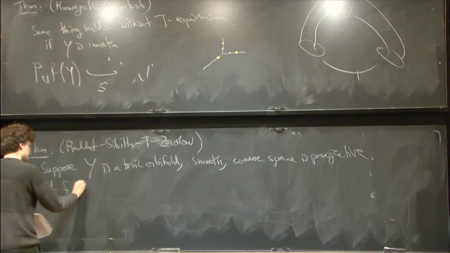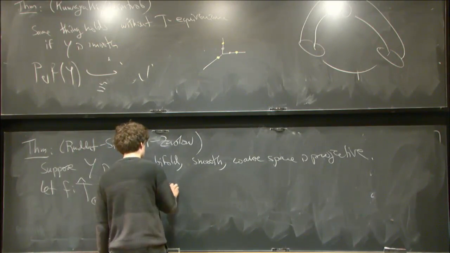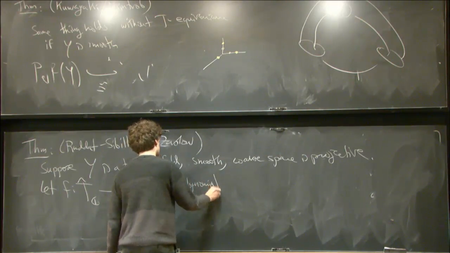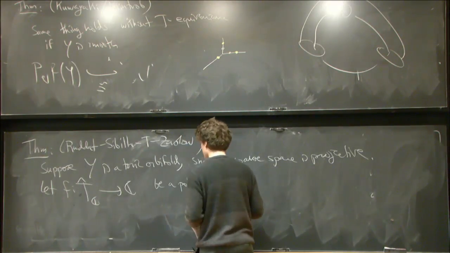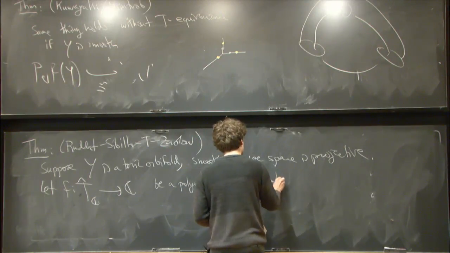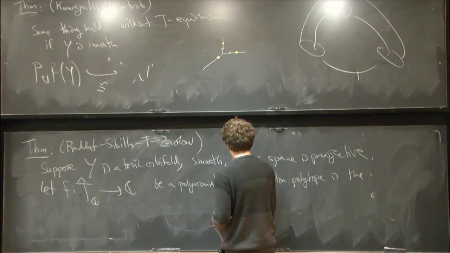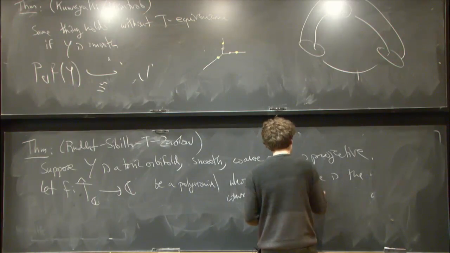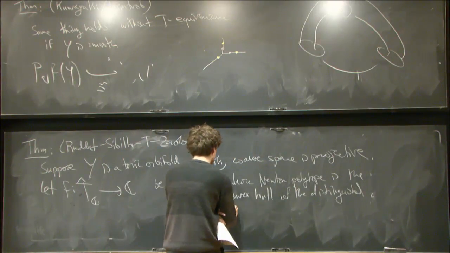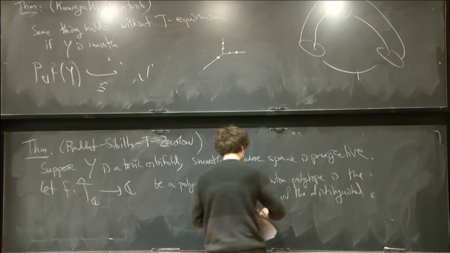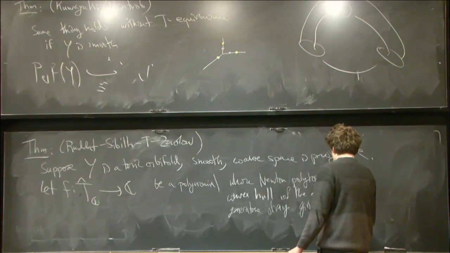Let f be some Laurent polynomial on the complexified torus, dual to the torus acting on Y, whose Newton polytope is the convex hull of the distinguished generators giving the fan of Y its stacky structure.